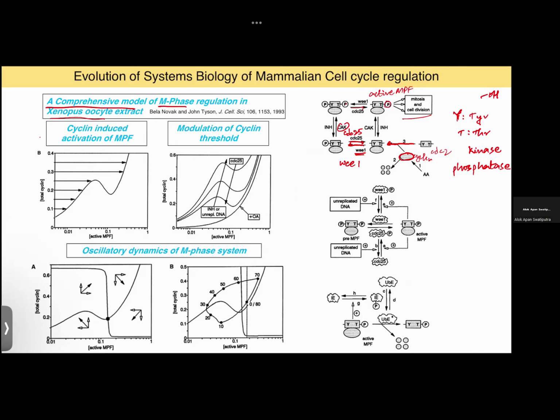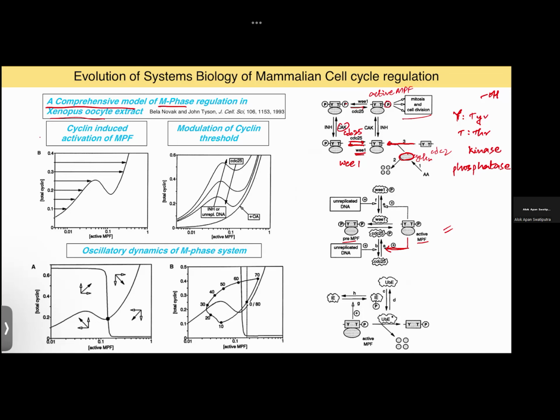Okay. So this is essentially the same model which was given earlier. If you take a look at the second one, we can identify some of the modules which we had discussed. Take a look, for example. This is the pre-MPF and this is the active MPF. You see, this active MPF is helping in the phosphorylation of CDC25.